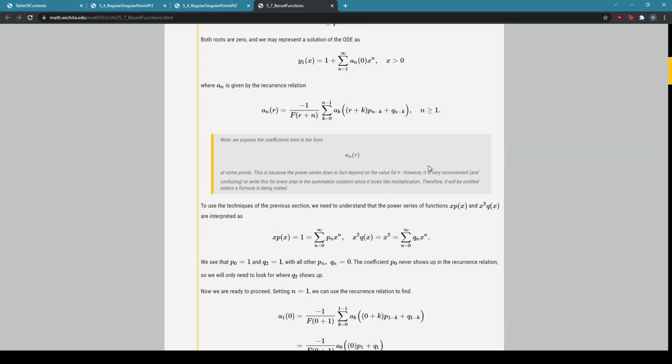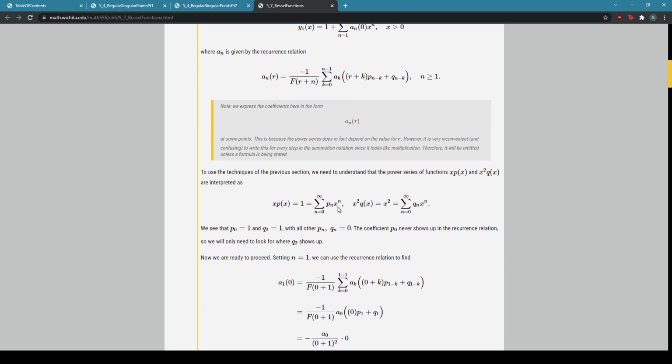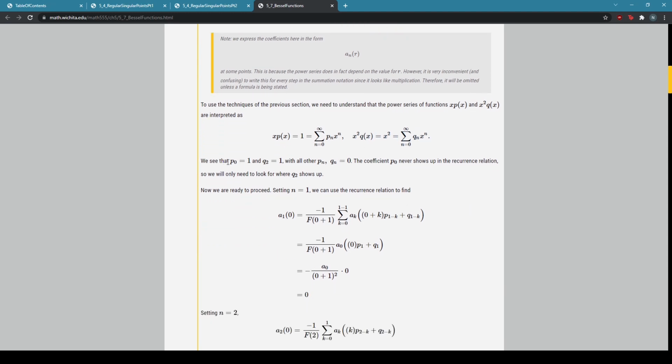So we go through here. This serves as a reminder of what x times p and what x squared times q looks like for this particular differential equation. We have a very small number of non-zero values, only 2. P0 is 1 and Q2 is 1.